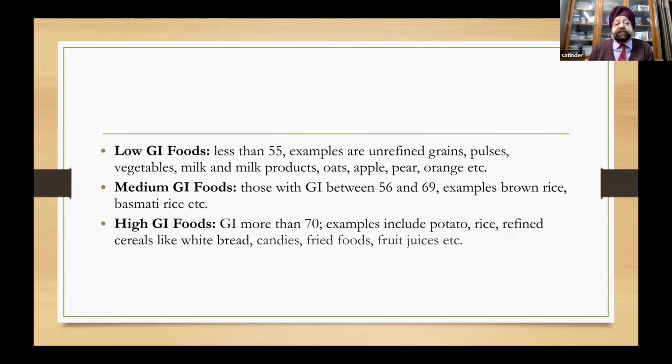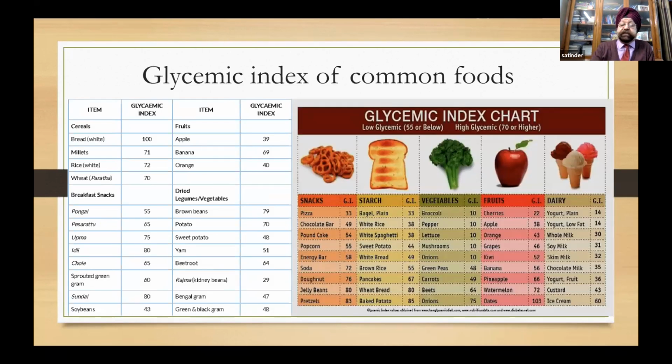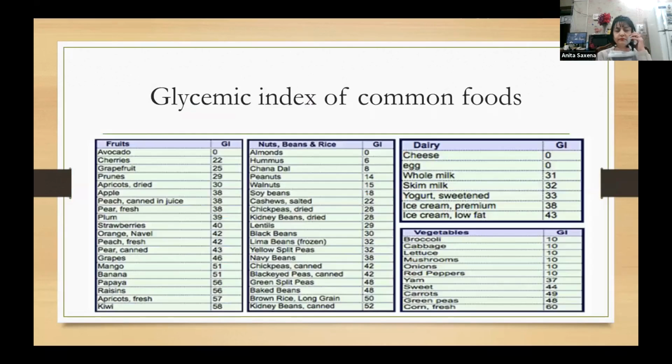GI more than 70 includes potato, rice, refined cereals like white bread, candies, fried foods, fruit juices, etc. Now you can see the various products showing the various glycemic indices, and you can see how grossly they vary. I can't be talking about all the things, but you have a broader outlook here.